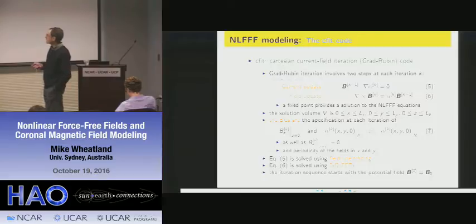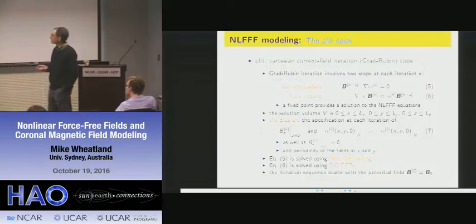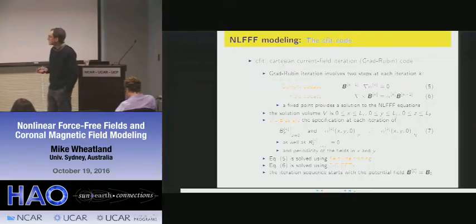So the code's a Cartesian code. It works in this volume 0 to Lx, 0 to Ly, 0 to Lz as I've written it down. The boundary conditions are the specification at each iteration of the Z component of the total field at the lower boundary, Z equals 0, and the alpha values at either of the two polarities, either the p polarity or the n polarity, either where Bz is positive or where it's negative.